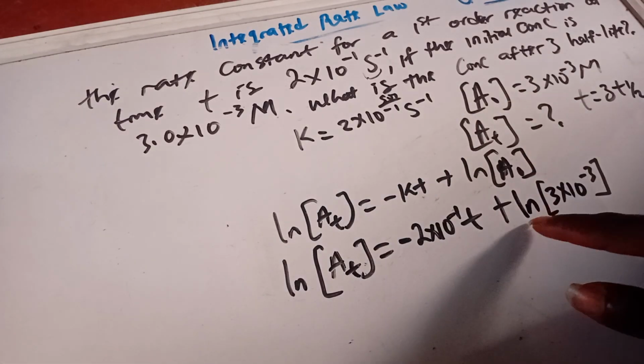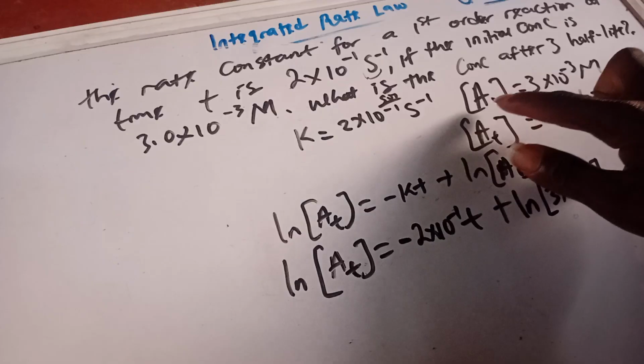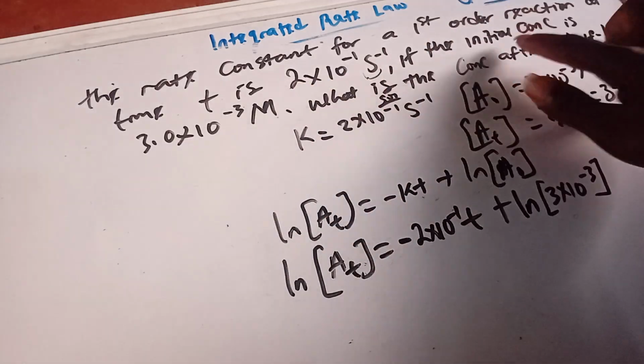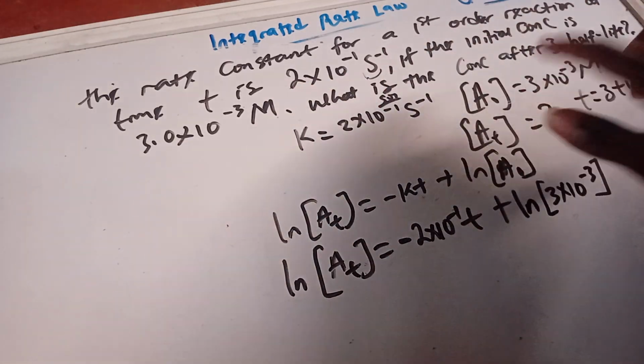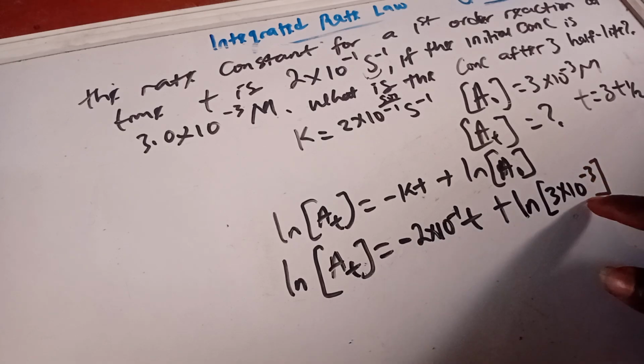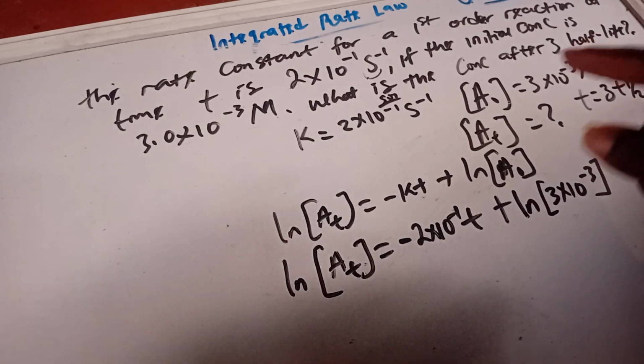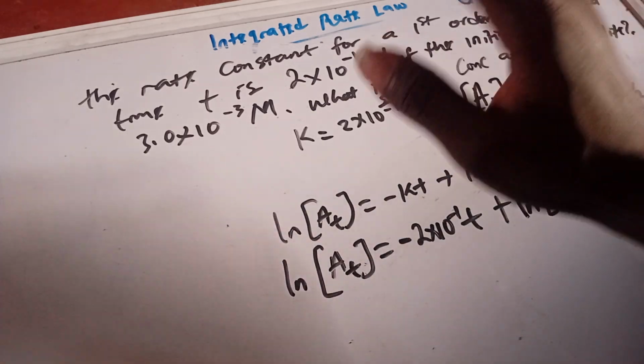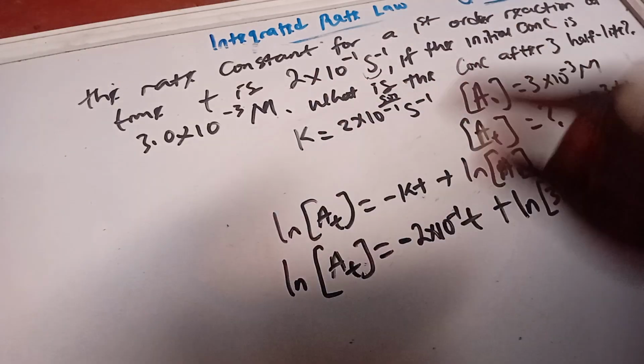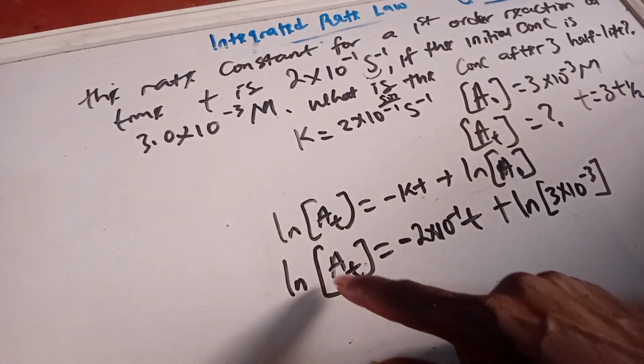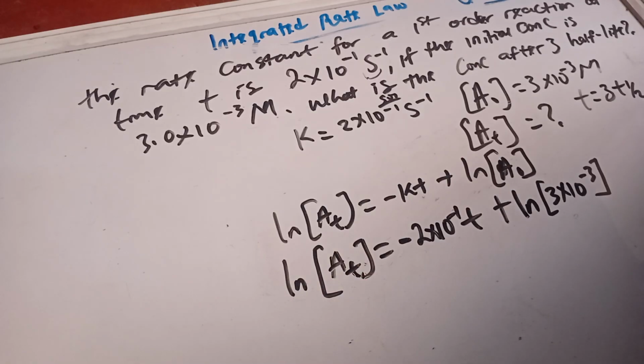What we are given is the initial concentration, 3 times 10 raised to power minus 3, not ln of it. The formula uses ln of the initial concentration. Take note of that. We are asked to find the concentration A_t, not ln A_t.